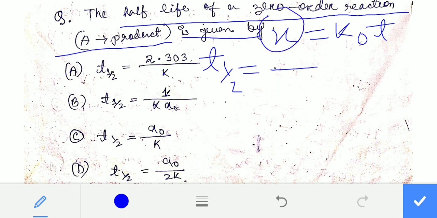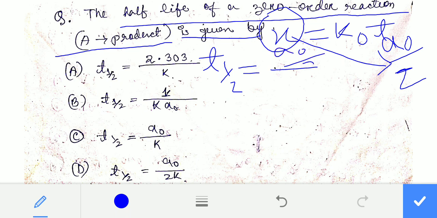And x at half-life period, what is x? It is the product concentration, that is, at half-life period 50% of the reaction has gone to product, right? 50% of reactant concentration is converted to product concentration, so instead of x we can write a naught by 2 here, and it is k naught t half, right?